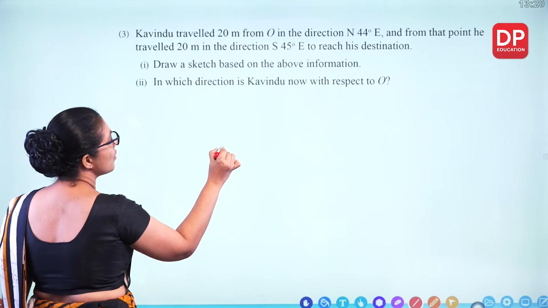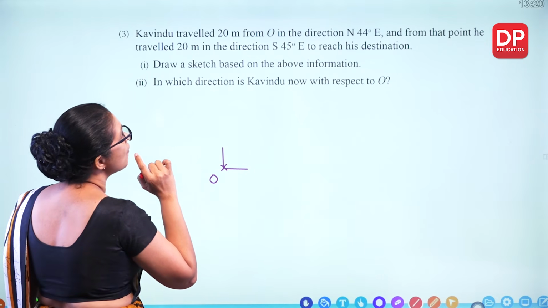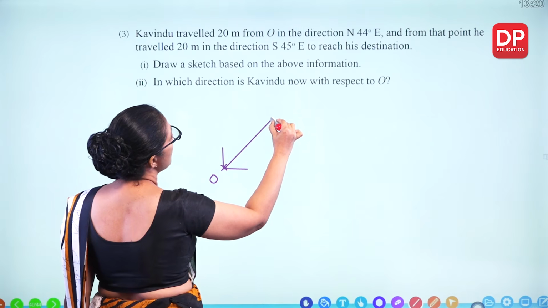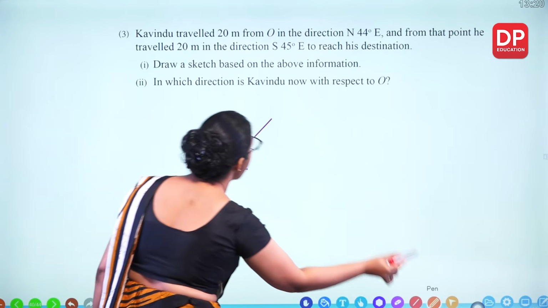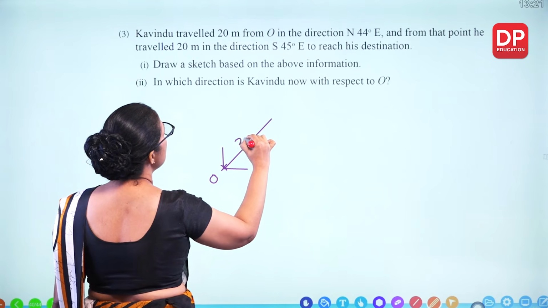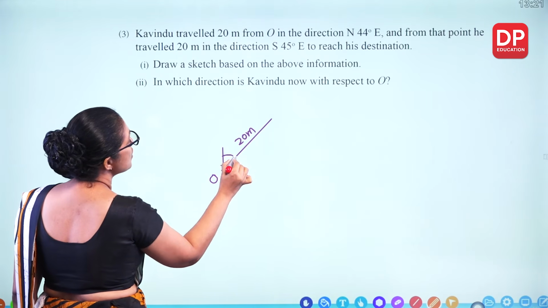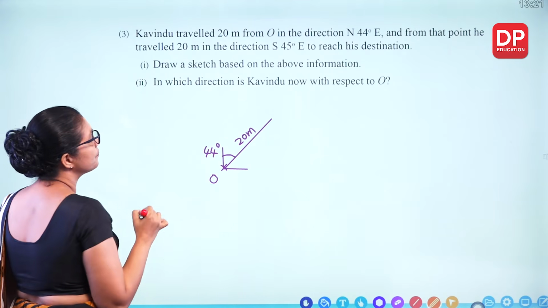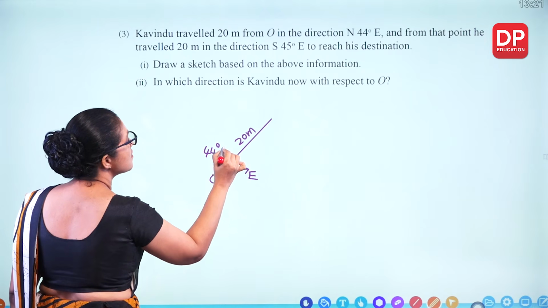So we need north and east 44. So roughly, say halfway like. So 20 meters. And this is 44. This is east, this is north.